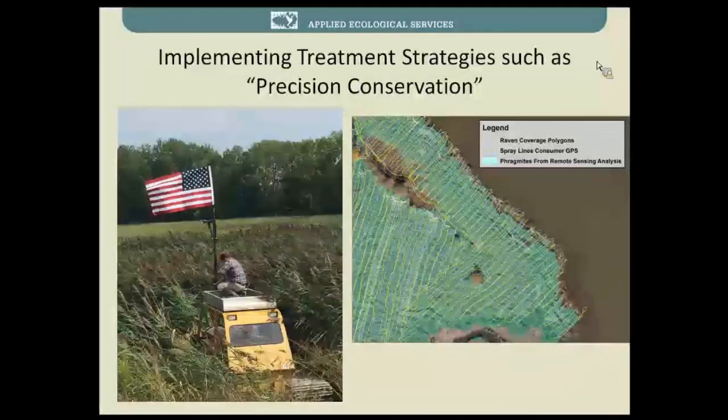So think about that size and the narrow window in which you're trying to collect the imagery to have favorable conditions to get your best mapping product. Those are things you want to consider.